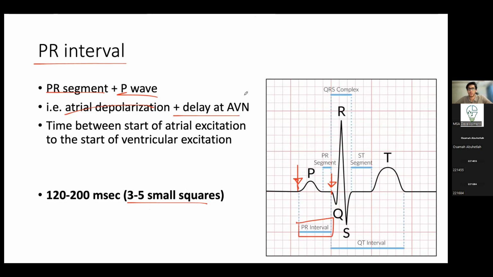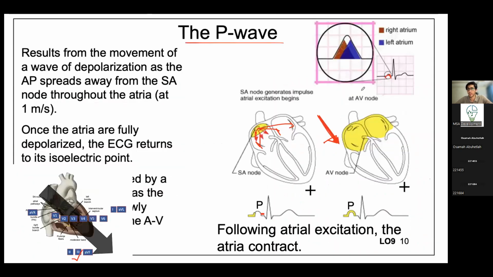All right. We have a question that asks me to repeat the P wave. All right. Again, forget about the P wave just for 1 second and think about the electrical activity of the heart, right? It starts off with the SA node sending out waves of depolarization towards the atria, right?